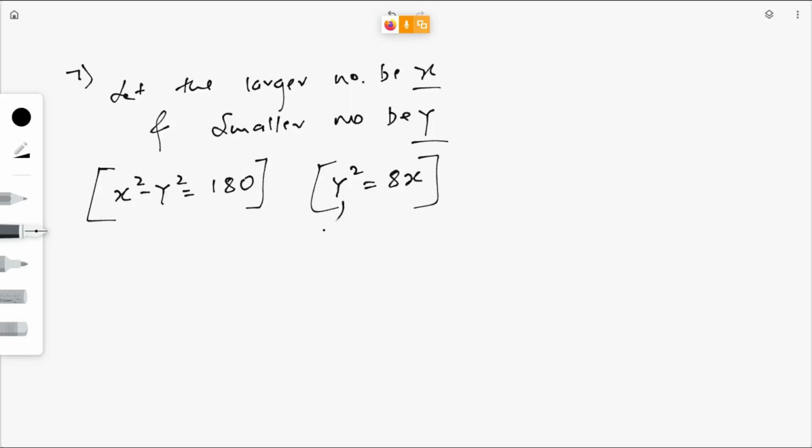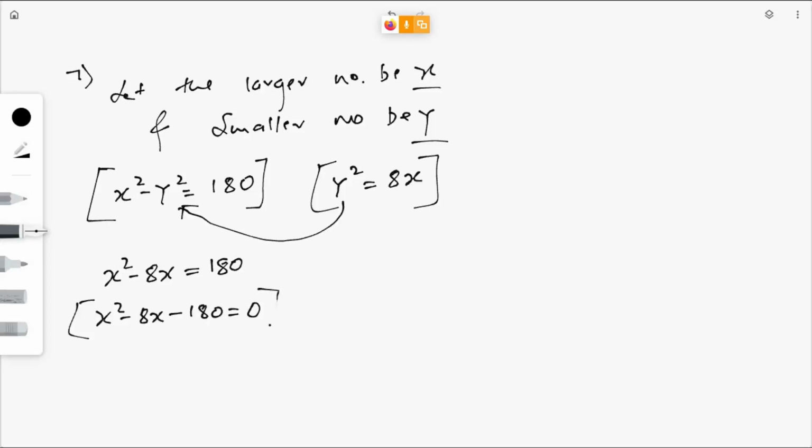Any doubts here? Now just replace this y square by 8x. Then you will get x square minus 8x is equal to 180, that is, x square minus 8x minus 180 is equal to 0. So this is the required quadratic equation. Any doubts, any questions?